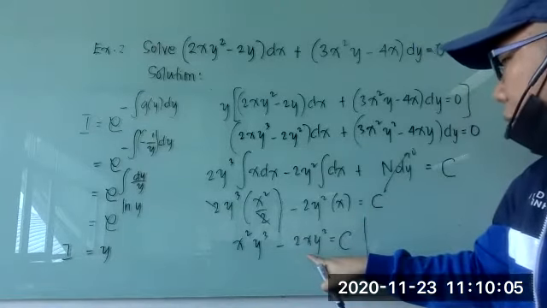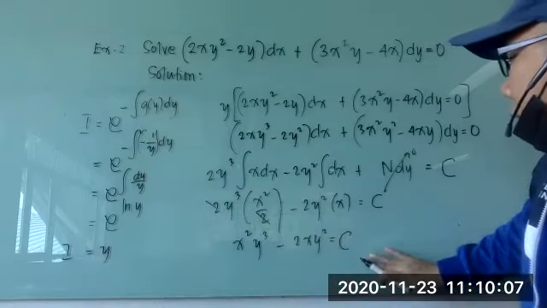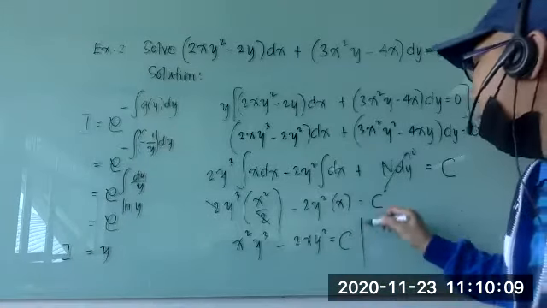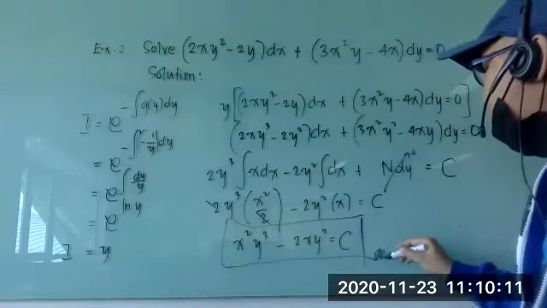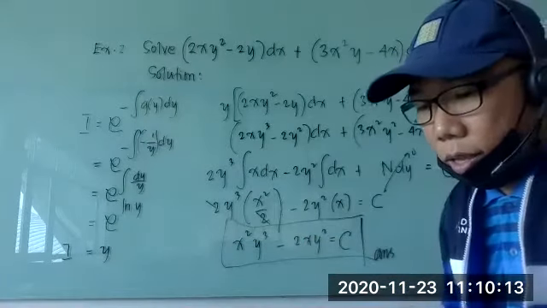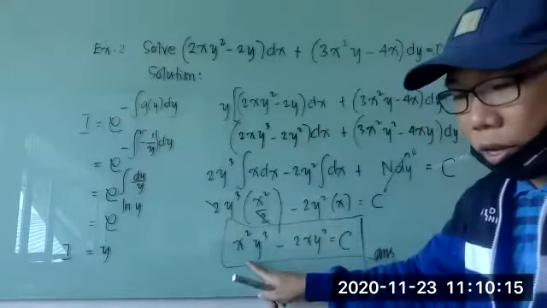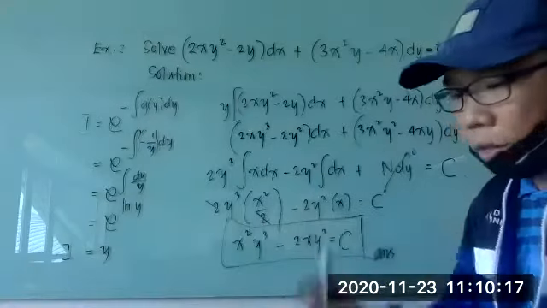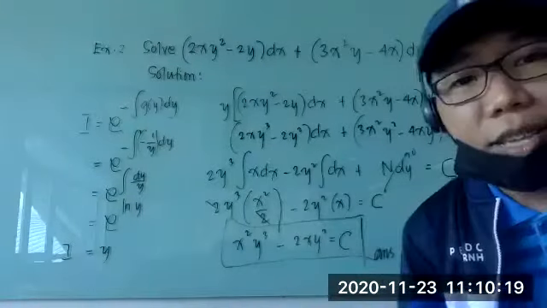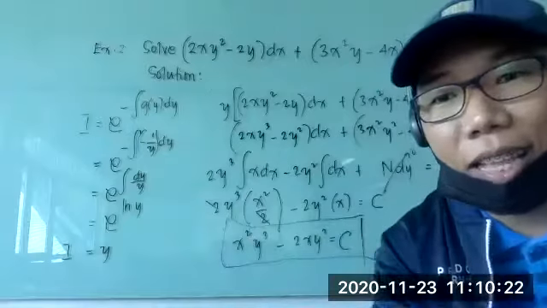Can still simplify, di ba? Sige, okay na yan. Wala pa lang constant. Okay, so the answer is x squared y cubed minus 2xy squared equal to c. That's it. Galing.